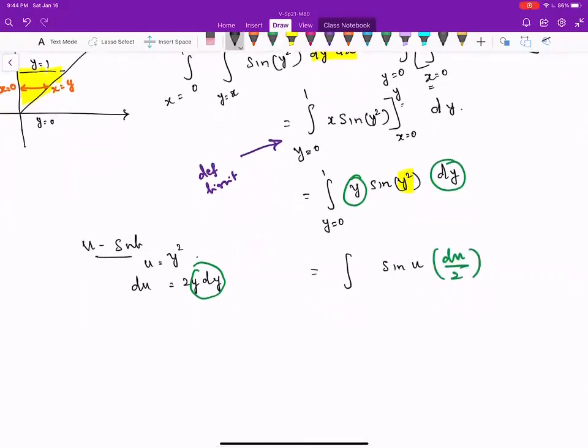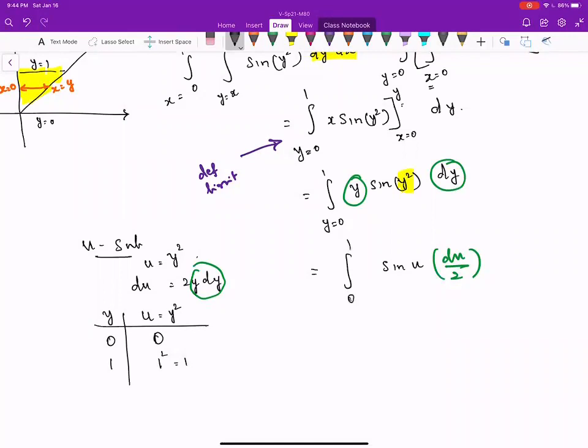Whenever we make a substitution, we have to also change the limits. The y limits are 0 to 1. Y equal to 0, so u equal to 0. Y equal to 1, u equal to y squared, which is also 1.